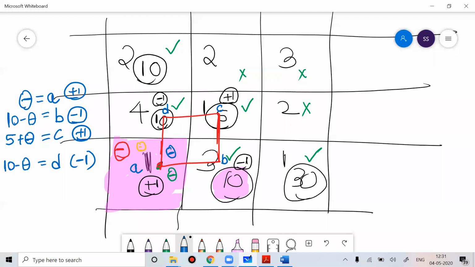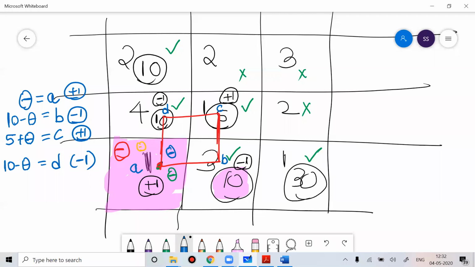Now you have to assign a value to A. I assume A equals theta. Clear everyone?